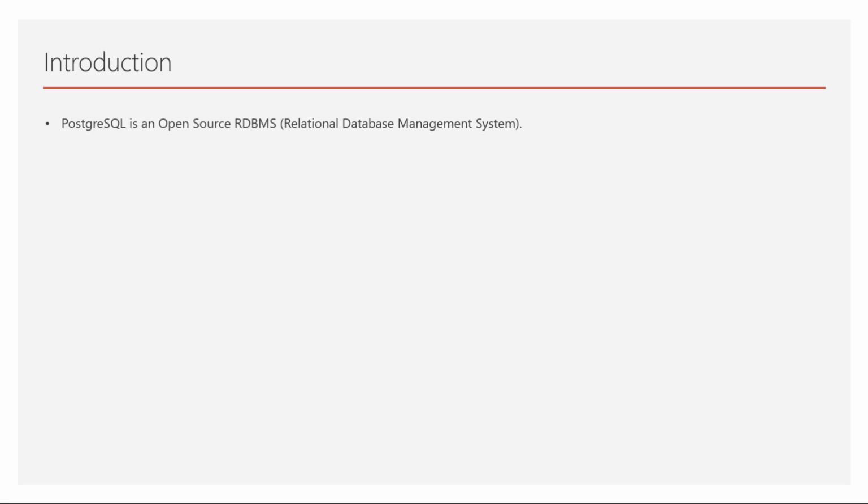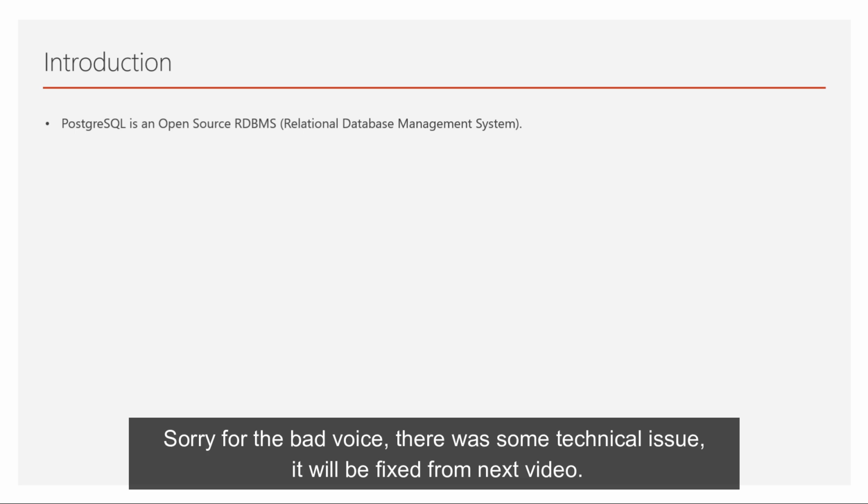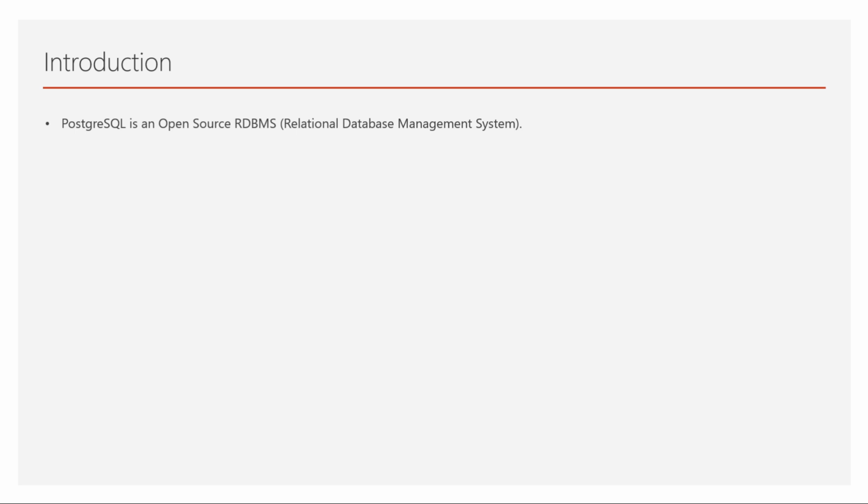The first point is PostgreSQL is an open source RDBMS. We all know that PostgreSQL is a database management system. A database management system is a tool or software that is used to manage the databases. So PostgreSQL is an open source database management system, or we can say PostgreSQL is a relational database management system.